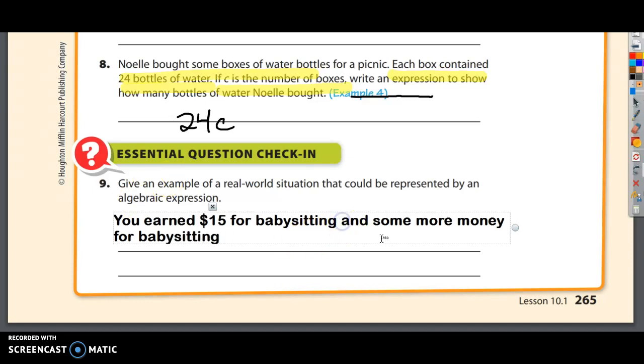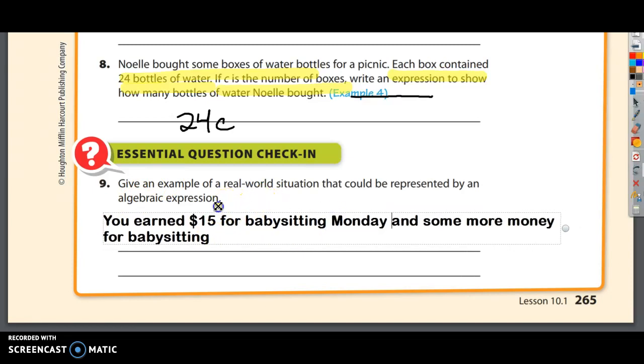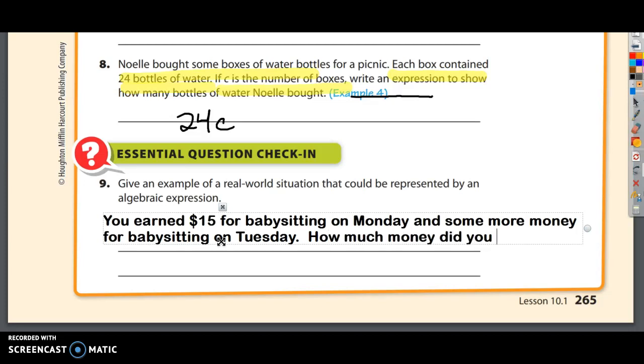I needed to say Monday and I forgot it, so I need to go back and fix it. You earned $15 for babysitting on Monday, I'm going to put on Monday to make more grammatical sense, and some more money for babysitting on Tuesday. How much money did you earn combined on both days?